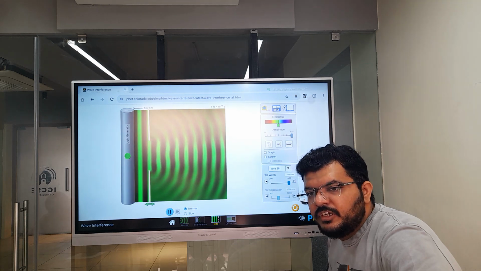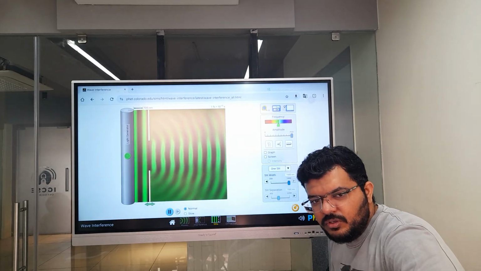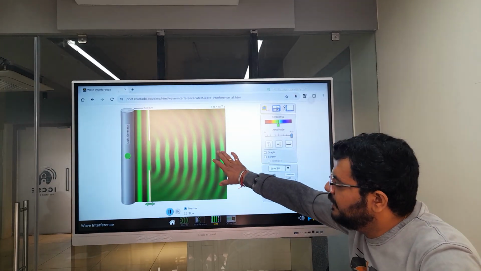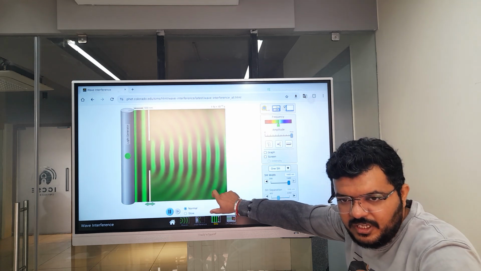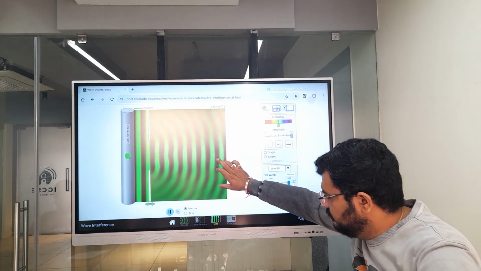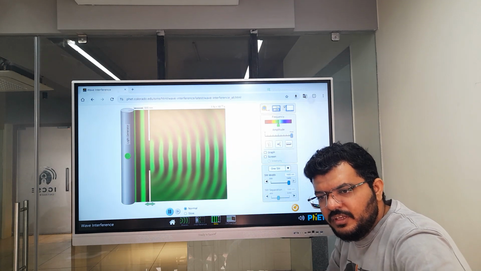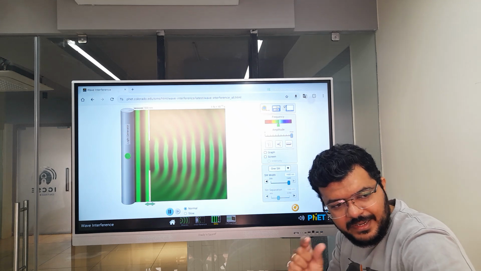Then draw two diagrams of diffraction. In one diagram show that it just bends around the edges if the gap is too big. In the other, draw that if the gap is small then it spreads.